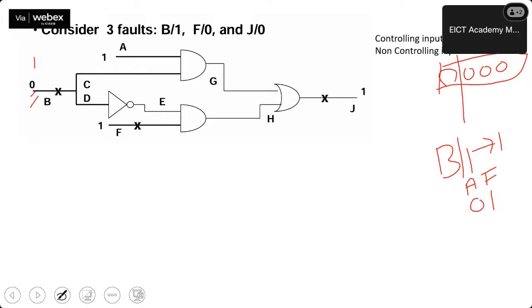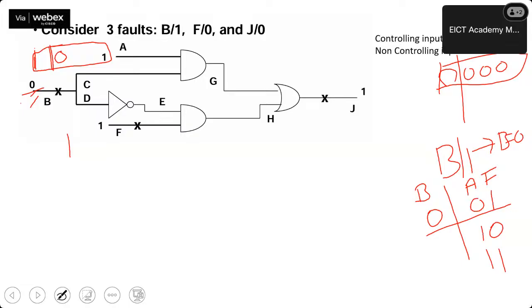And then I will have zeros. The first one needs B to get 0. So with B getting 0, in this way I will make the pattern, and B gives me 1 here.